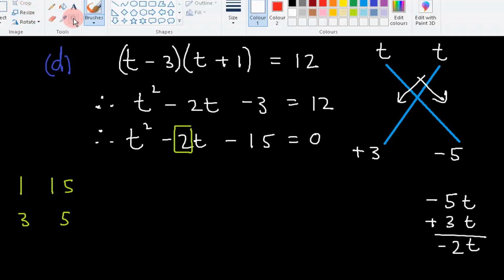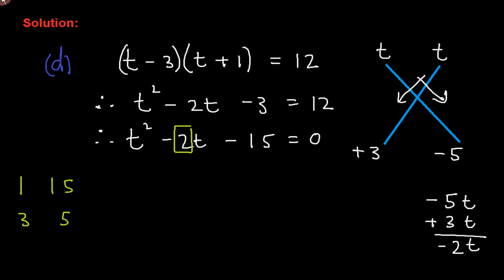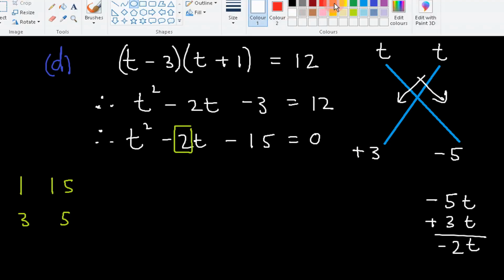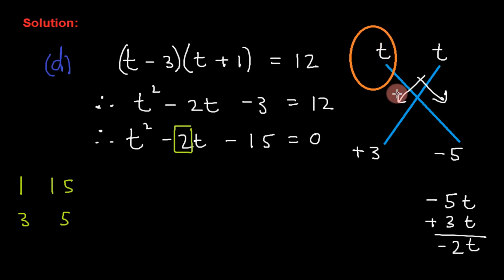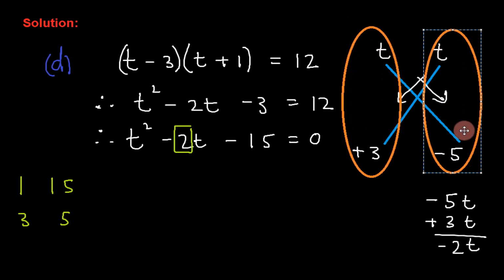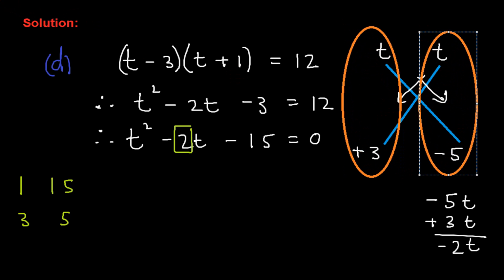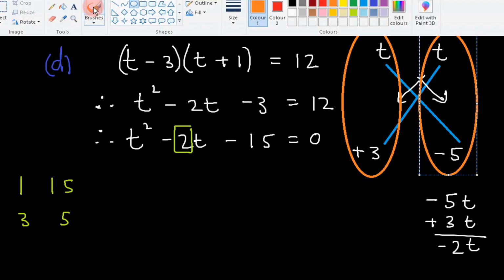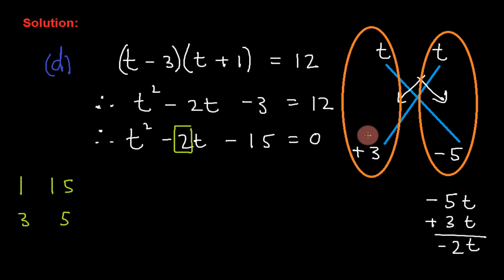We can now group vertically. So t plus 3 in one set of brackets. And t minus 5 in the second set of brackets.